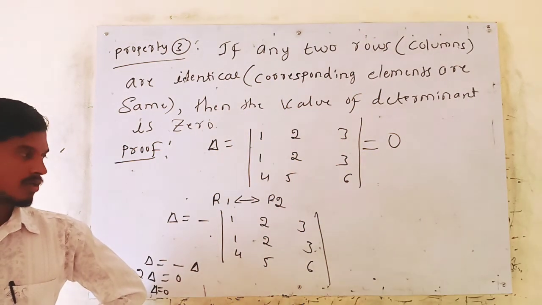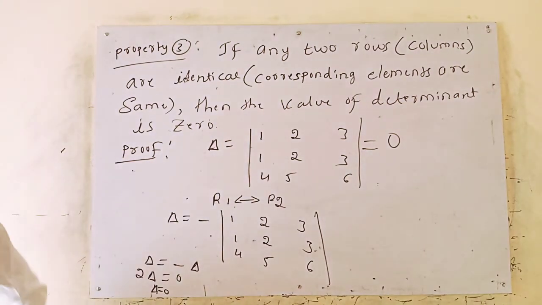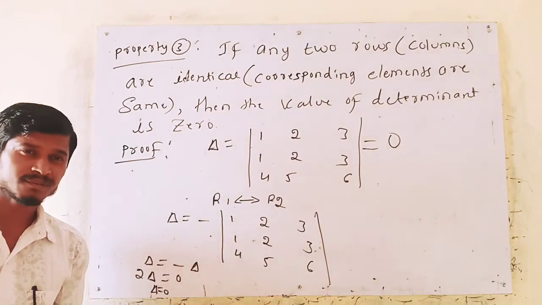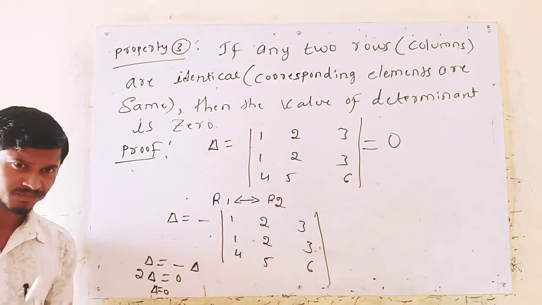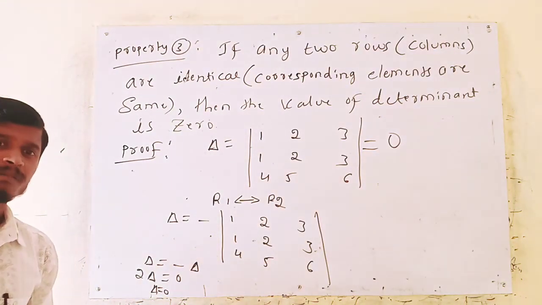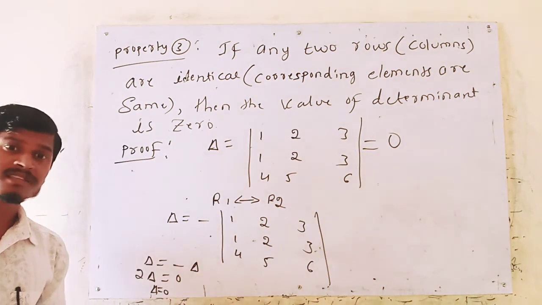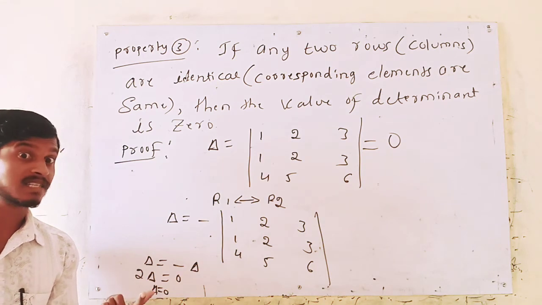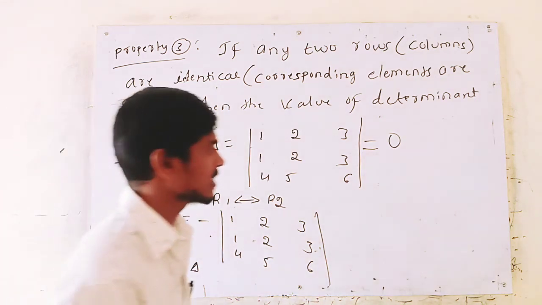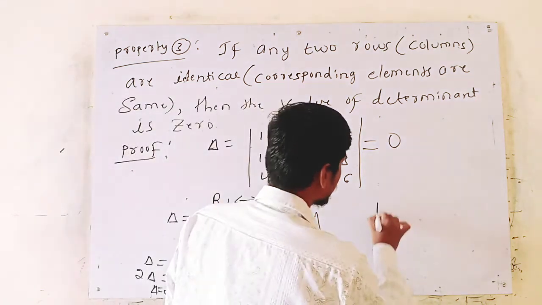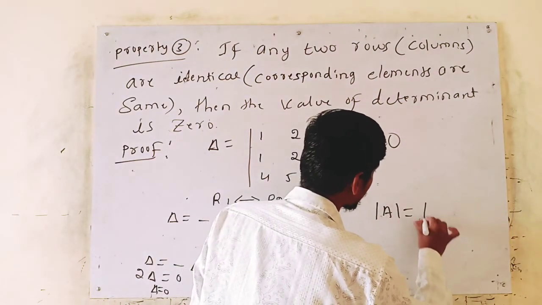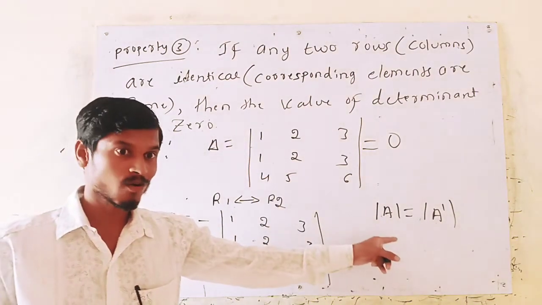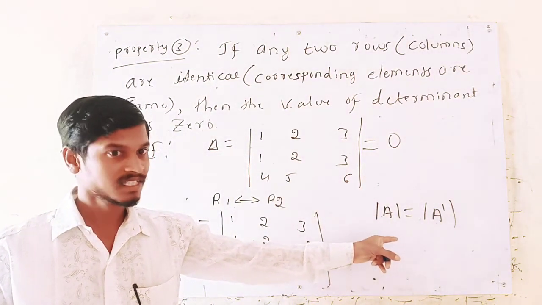Okay. So now try to remember these 3 properties. What is the first property? The first property is that the value of the determinant remains unchanged if its rows and columns are interchanged. According to property number 1, can you say that determinant A is equal to the determinant of A dash? Is it correct?